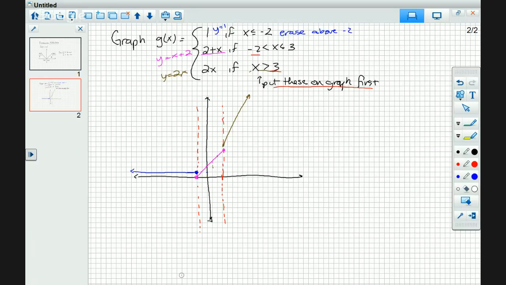That's the other way to do it. Hollow? Oh, it is. Make that a hollow dot. And then you have your 3-piece graph. It's kind of hard to do the erase part if you're working in pen. So pencils are good for the erase part. You can do them in colors, that helps a lot.